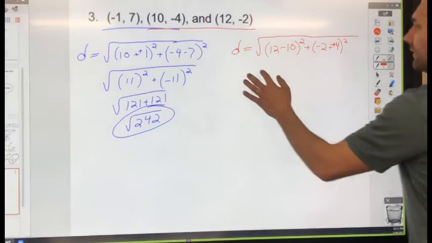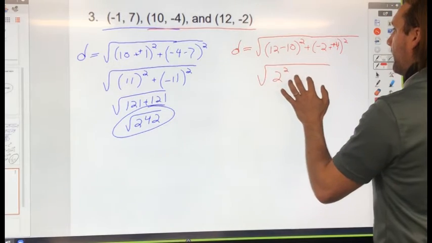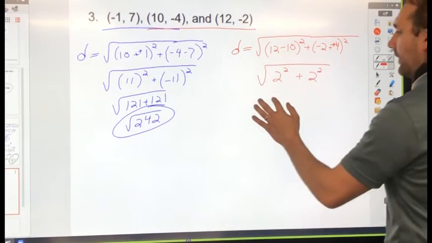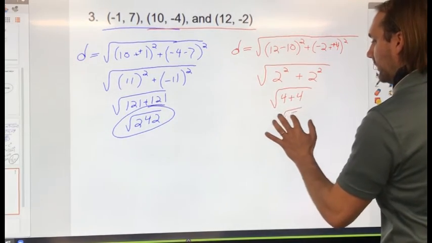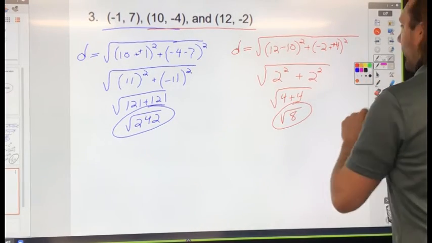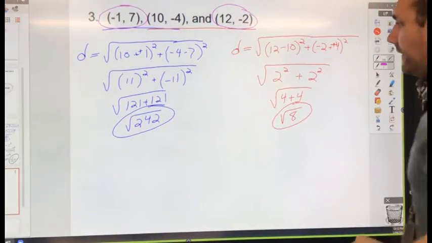I get the square root of 2 squared plus 2 squared, which is the square root of 4 plus 4. How about the square root of 8? Did we get that as our shortest side? Yeah. Okay.